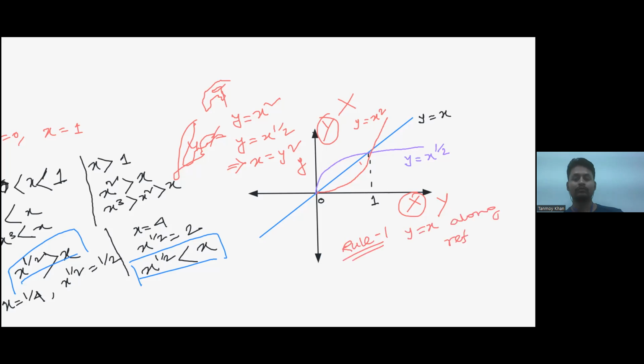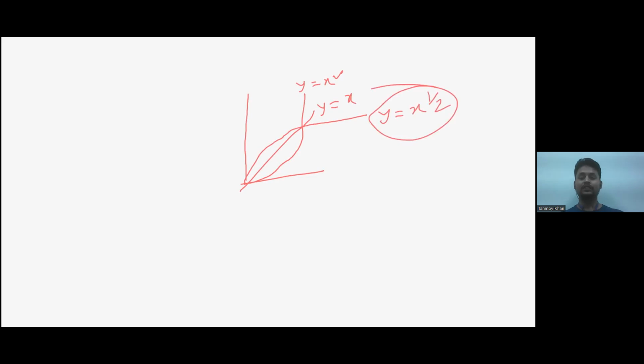Another one is to change the axes, swapping y and x. So this is your y equals x, this is your y equals x squared, and this is your y equals x to the power half. Very easy.